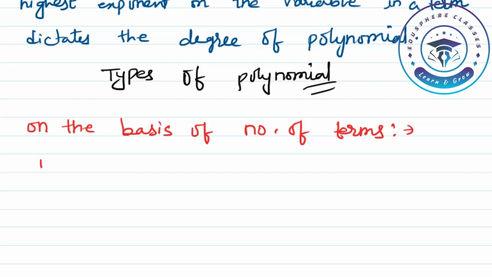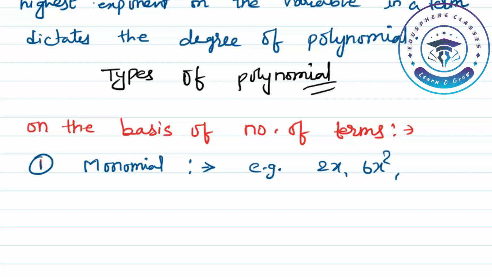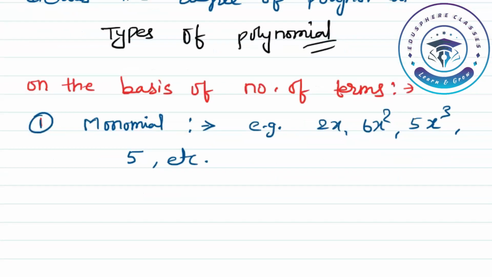First is monomial, where there will be only one term. For example, we can write 2x, 6x square, 5x cube, or only a constant number. So these are monomials.